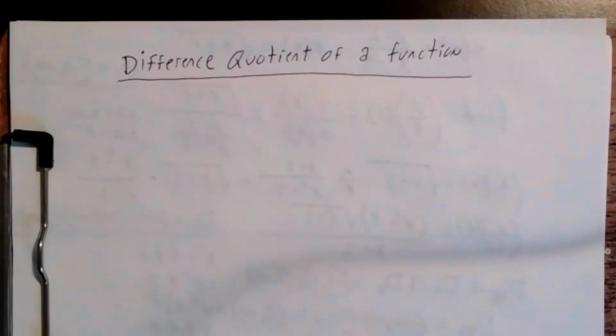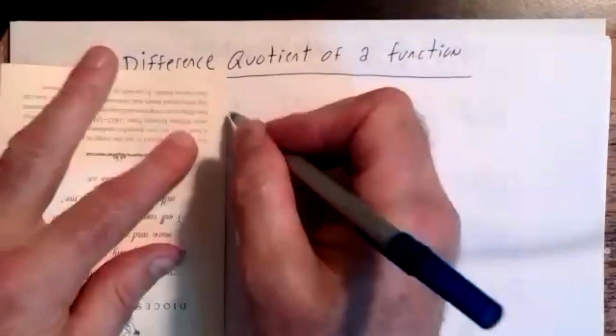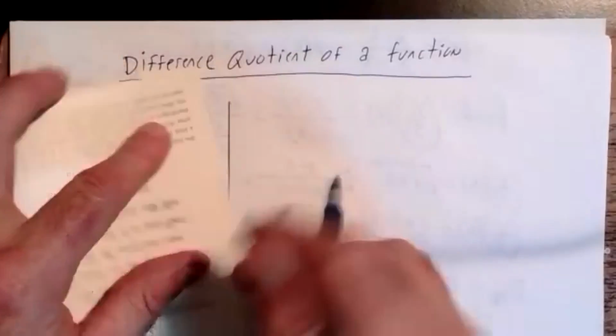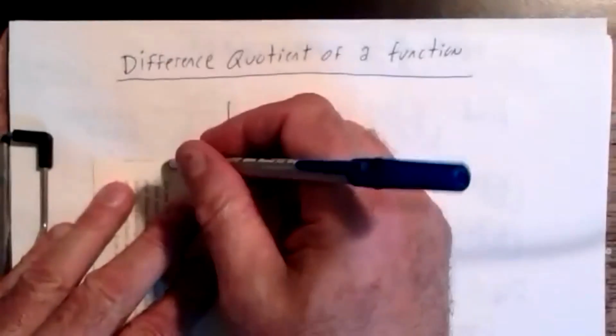And let's see if I can draw a picture of this. I used to have a ruler, but my ruler is gone. Somebody swiped it. All right, so suppose that we have the graph of a function in the XY plane.